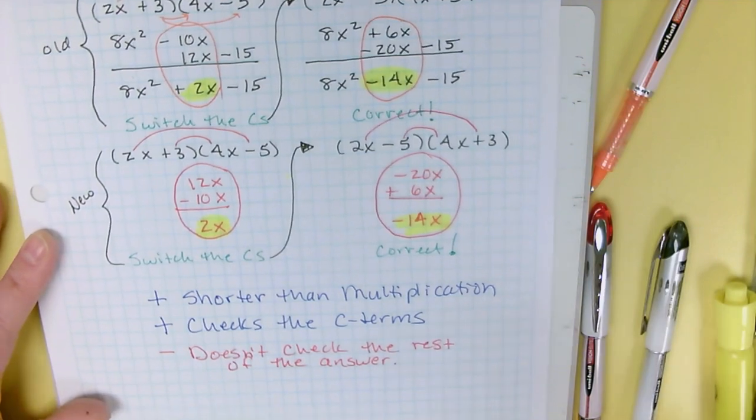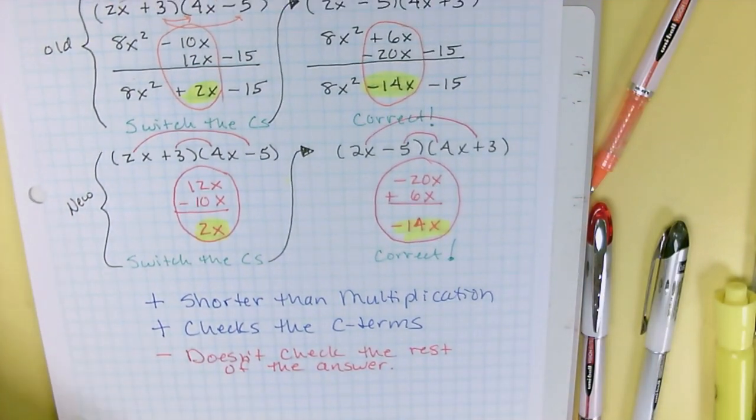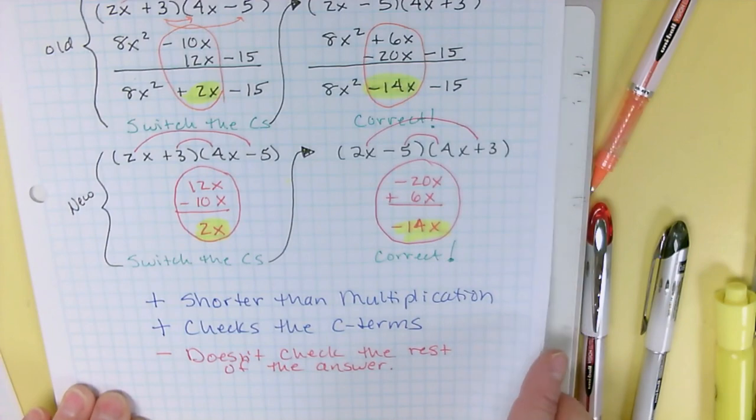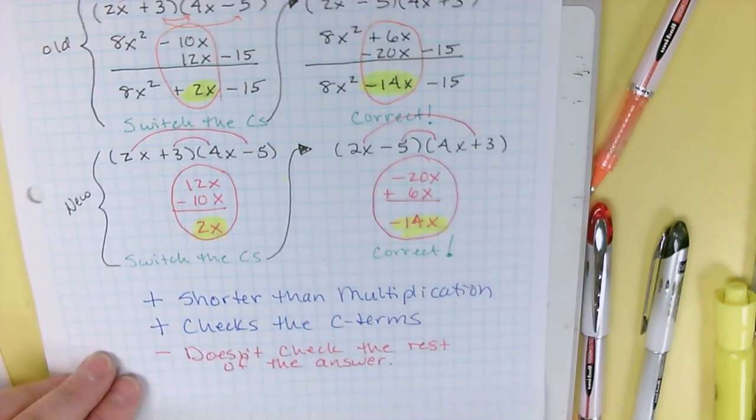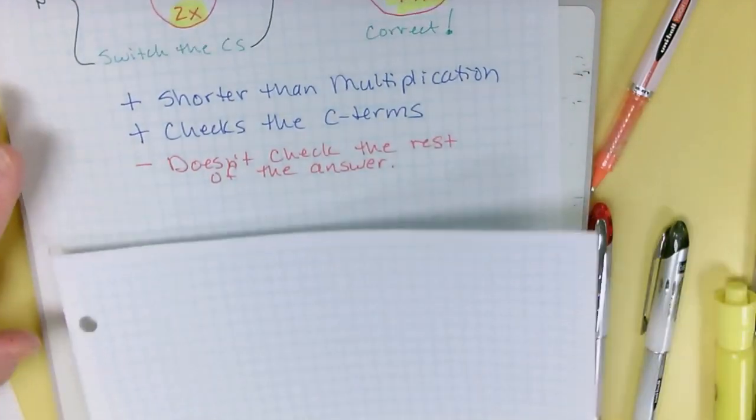It will only check the placement of the C's. Luckily, most of the time we pick the right factors for the A term and the C term. It's just a matter of getting them in the right spot. Okay, so that is rainbow check.